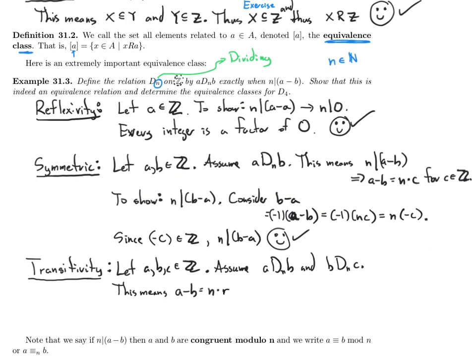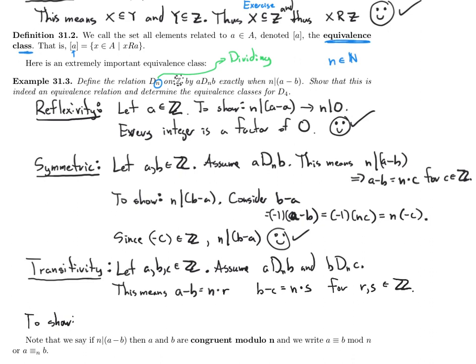And similarly, since B is related to C, I know B minus C equals n times some integer S, and let's tell people that R and S are indeed integers. So, again, what do we need to show?